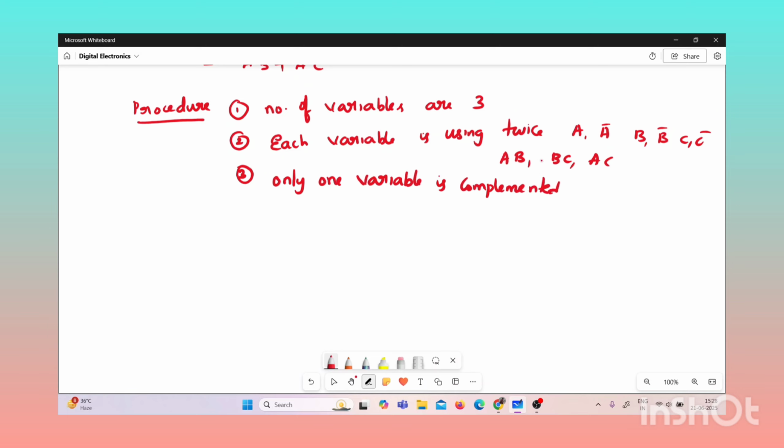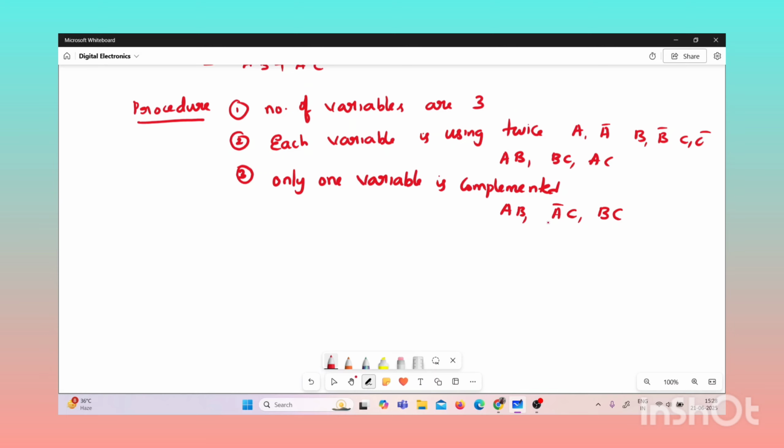Complemented means you are getting A bar. In the above expression, you are having it like this: one term is AB, the other term is A bar C, and the third term is BC. So here all the variables are used twice, and the first step is also satisfied, the number of variables is 3, and the third step is only one variable is complemented.